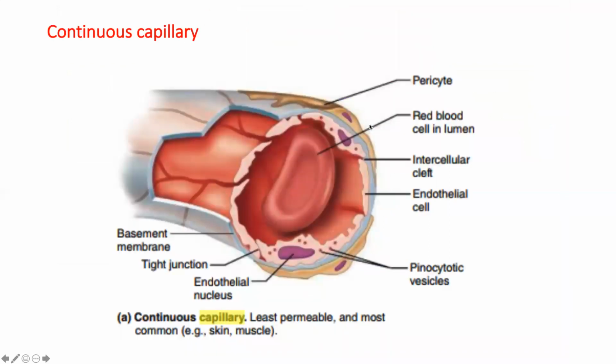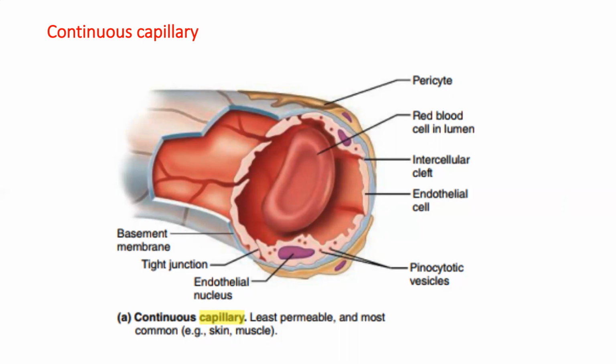So I'm going to introduce you to 3 different types of blood capillaries. The first one is continuous capillaries. If you look at that, the capillary walls, which are really thin, as we said before, are constructed with flat, thin cells, which is essentially simple squamous epithelium.